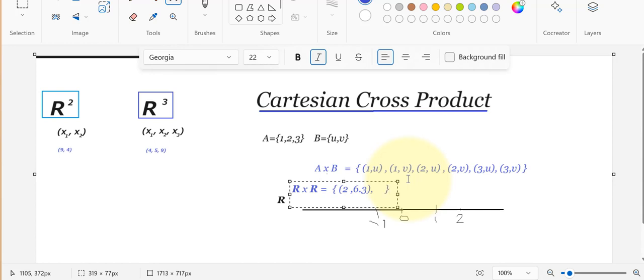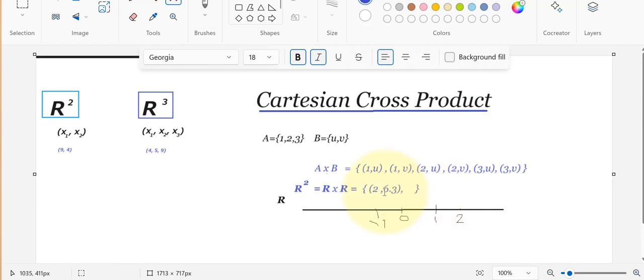Another notation for this is R squared, or R2. So that's what R2 means. It just means R cross R, this huge set of ordered pairs.